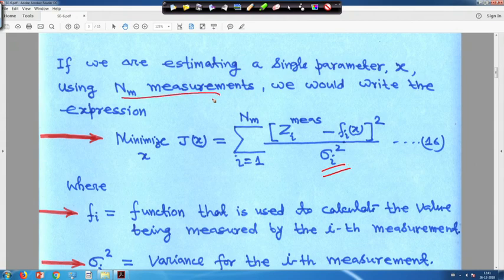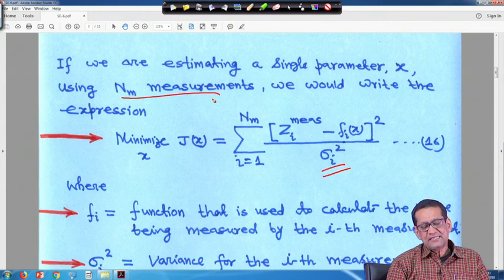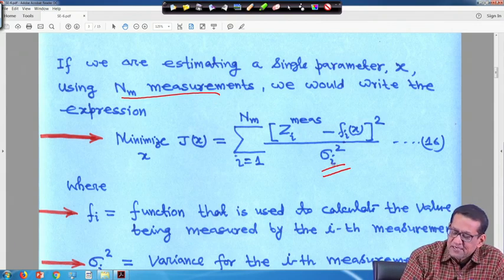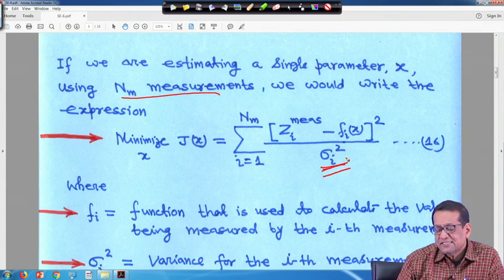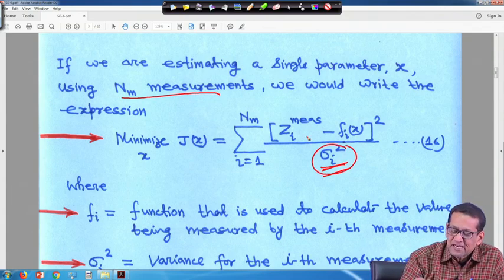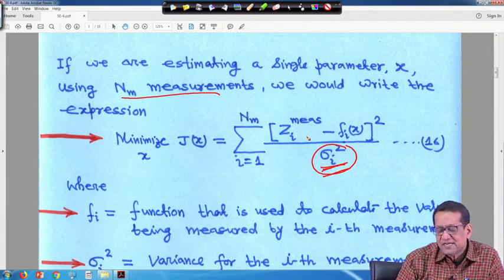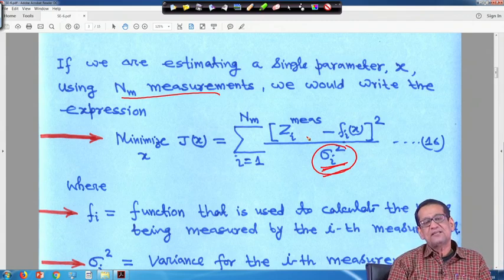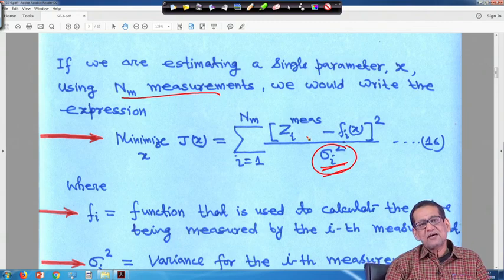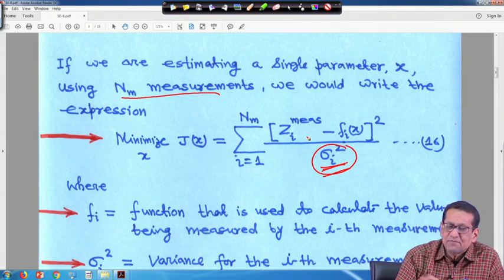Suppose you have different measurement devices and are measuring, but you know the standard deviation, so it is divided by sigma_i square, which is given. Now, this is a question to you: I could have taken simply (z_i measure minus f_i(x)) whole square, instead of dividing by sigma_i square, the variance. But we have divided it by sigma_i square.